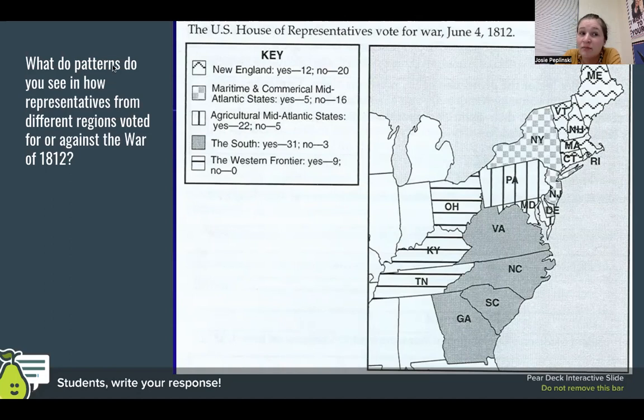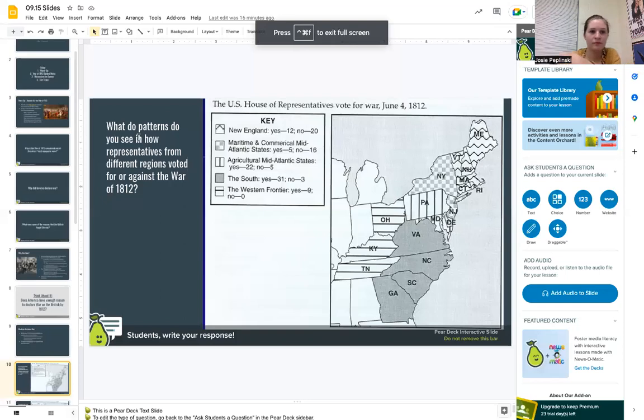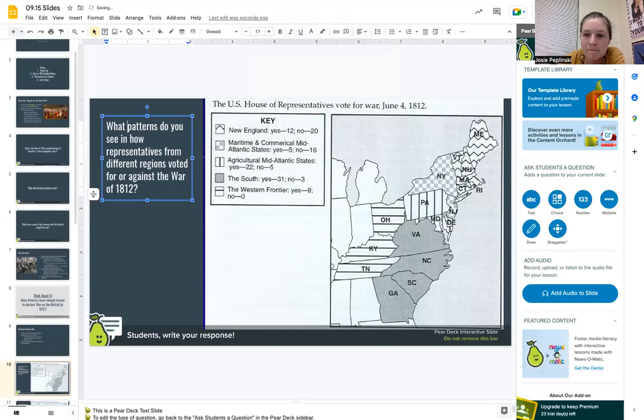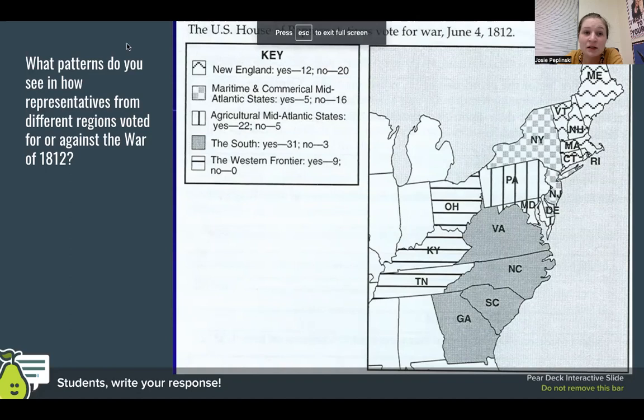What patterns do you see in how representatives from different regions voted for or against the war? If you were here in class, you would now type on the Pear Deck for what you believe the answer is. But since we're not, what I'll be looking for the most in those answers is I want somebody to say, this is an example, yet again, of sectionalism.